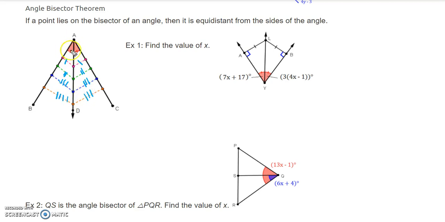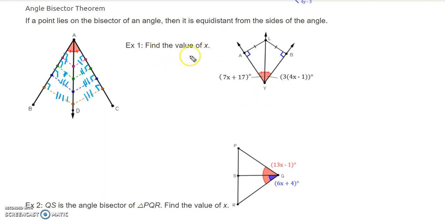Okay, what they also don't show here is that these are all right angles. It has to be perpendicular to the side. So all of these are also 90 degrees like we depicted in the previous one. So anywhere along the angle bisector, it's going to be equidistant to the side, and it's going to be perpendicular at that side as well.